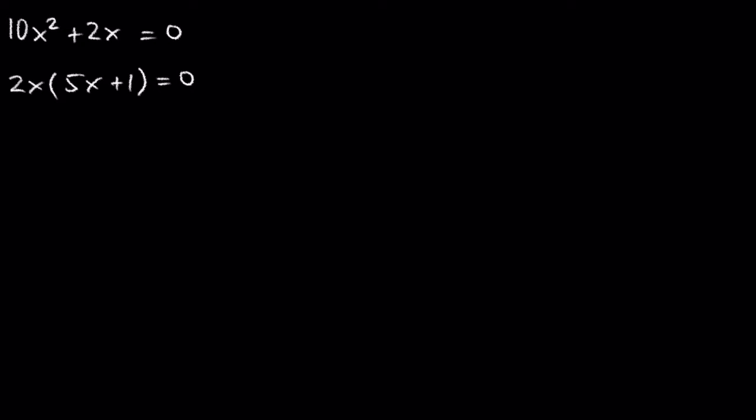The equation is true when x is 0, because 2 times 0 is 0, and 0 times something is 0.